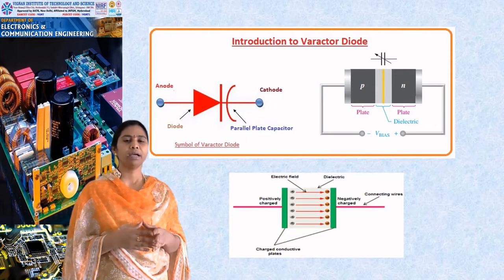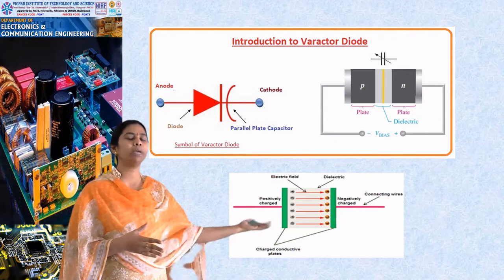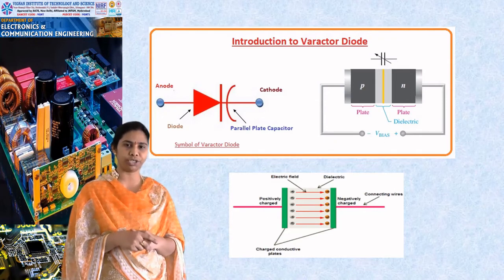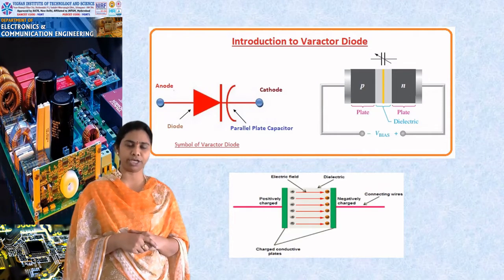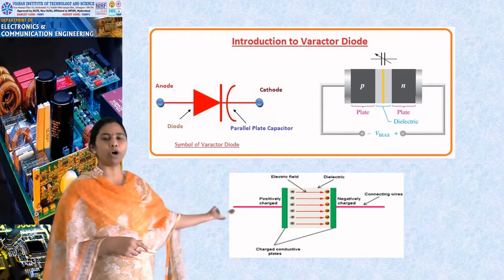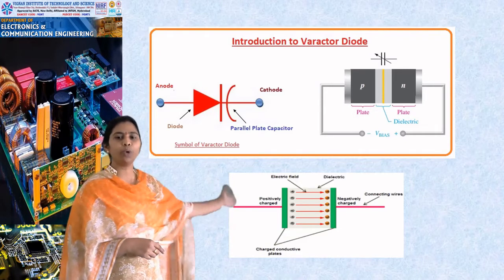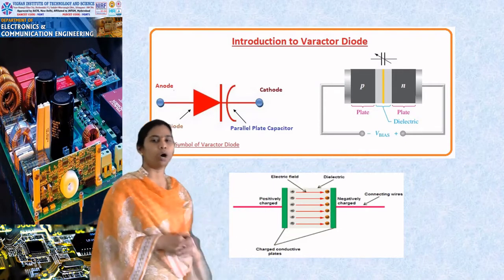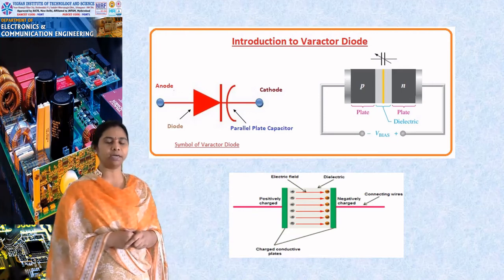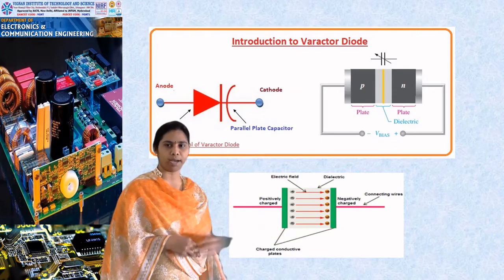The region where you see only acceptor and donor ions is the space charge region, or depletion region, and it exhibits the property of capacitance.